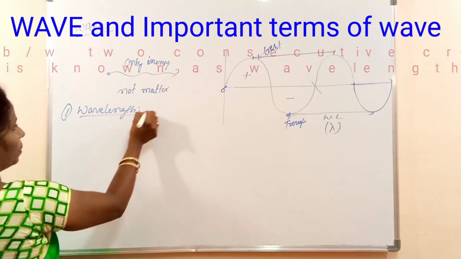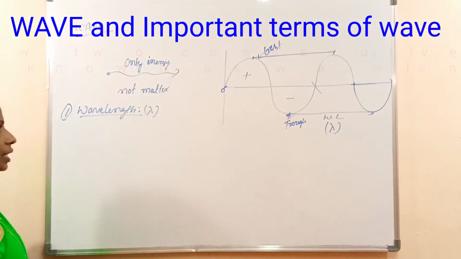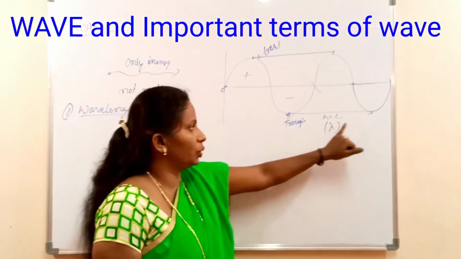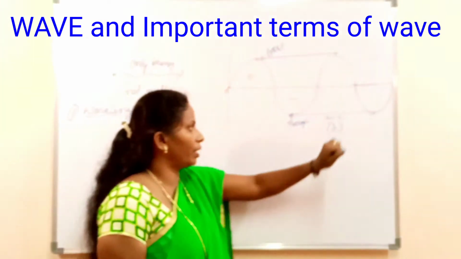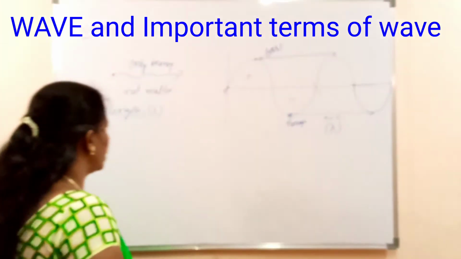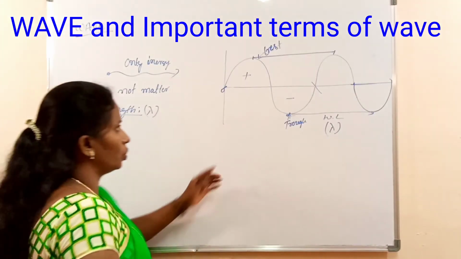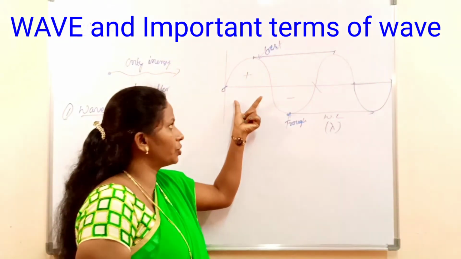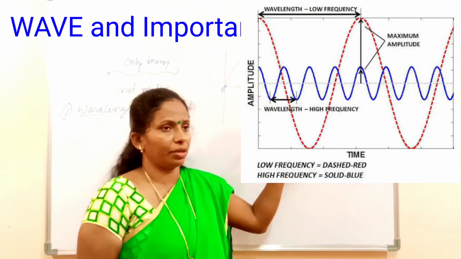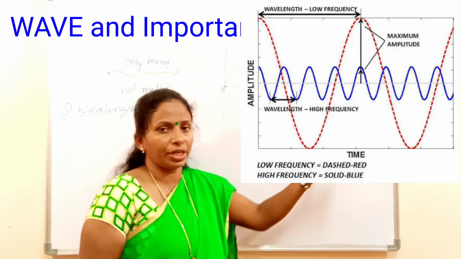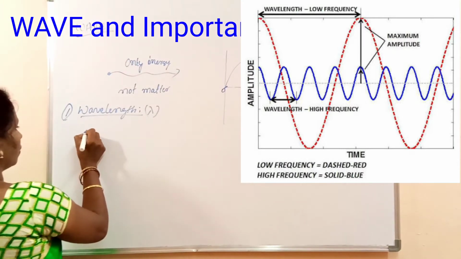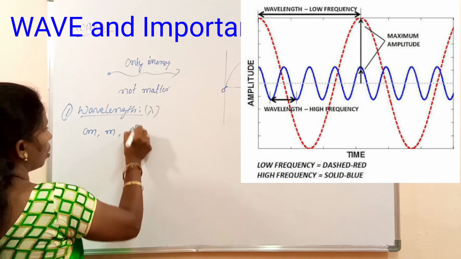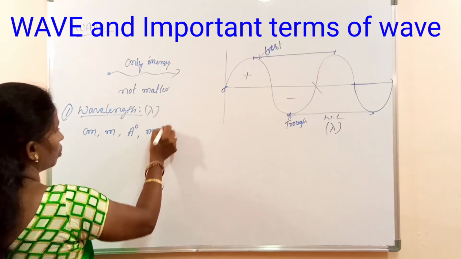The wavelength is the distance between two consecutive crests or two consecutive troughs. Also, this wavelength may be from a very small distance to a very large distance, depending on different radiations, so we use centimeter, meter, angstrom, nanometer, picometer units.